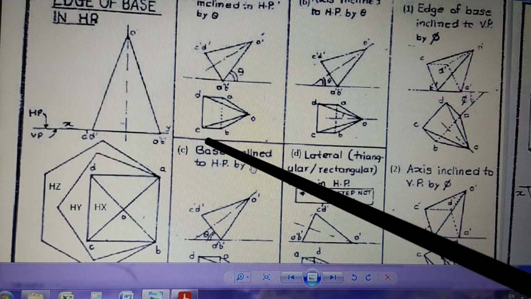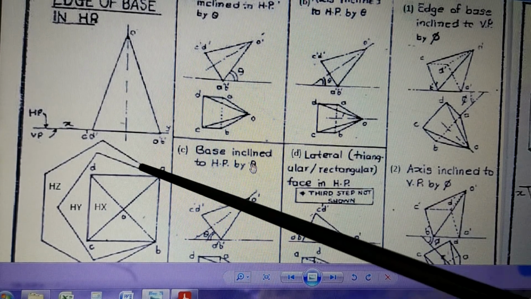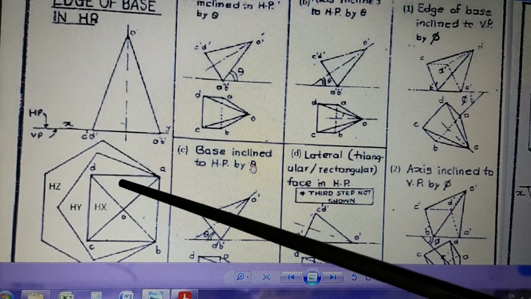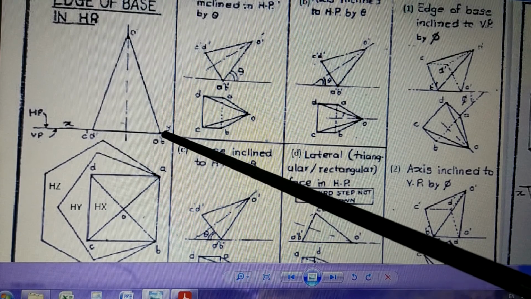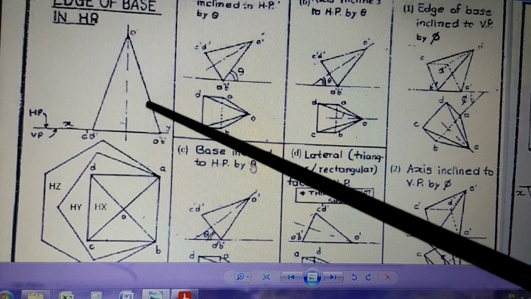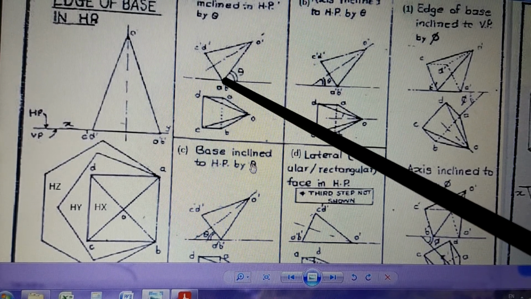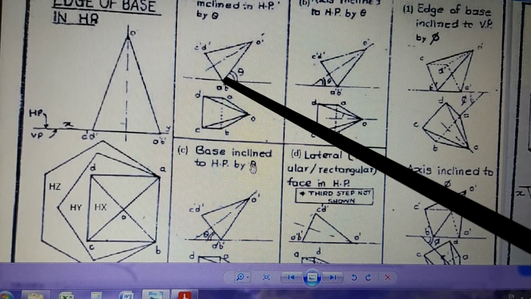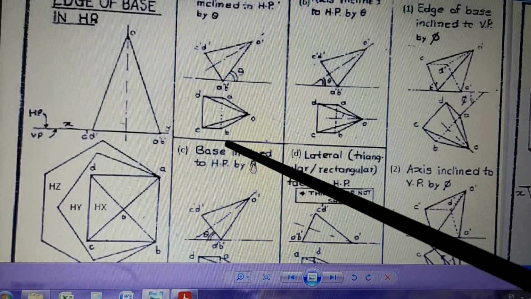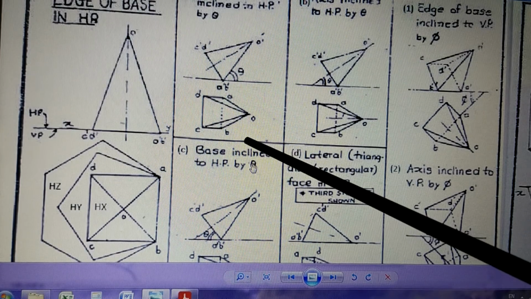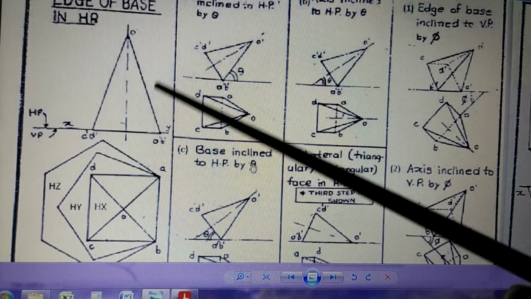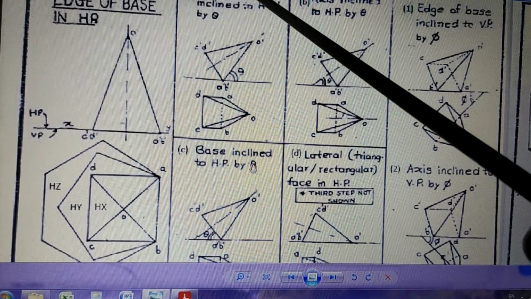What will happen to the final position in the top view? Because this is not the final position in the top view. This is the position where it was fully resting. The base was fully touching HP. But now the base is in the new position, resting only on the edge, and in that position, this becomes the top view.